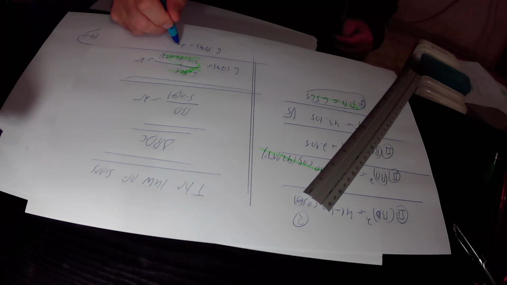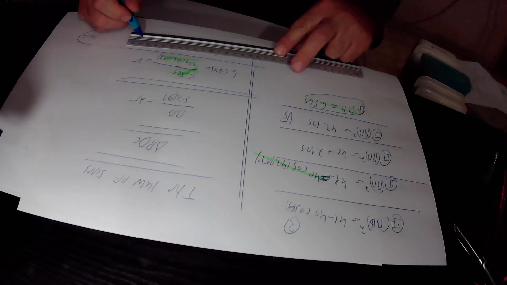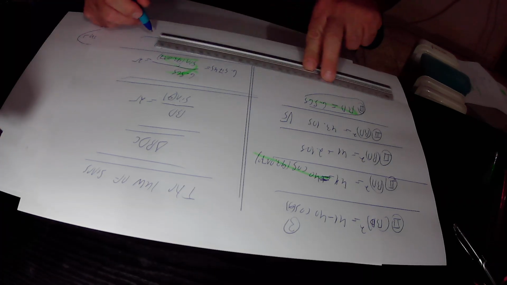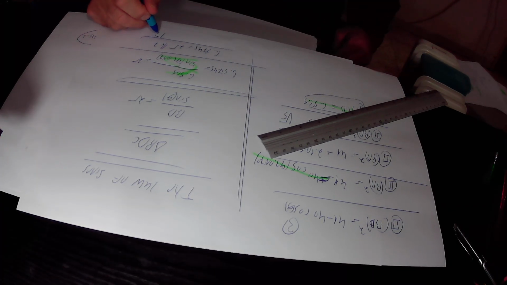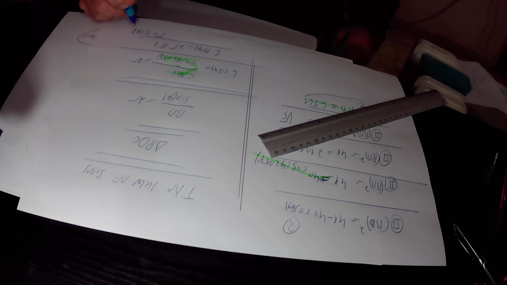Here we divide this equation by 2 and we get that the radius R, that is the radius that we are looking for in this question, equals 6.575 over 2, which is equal to 3.287 units in length.